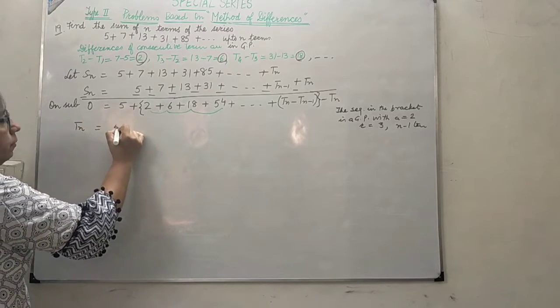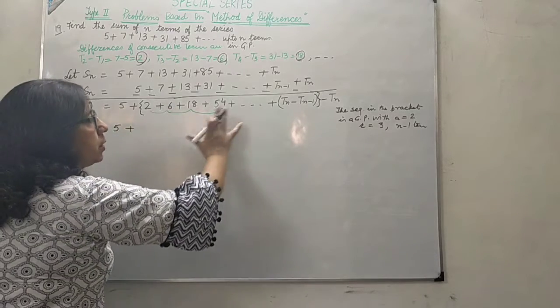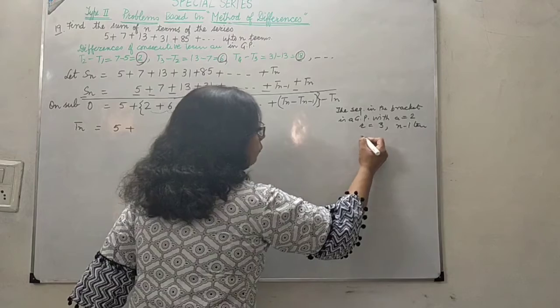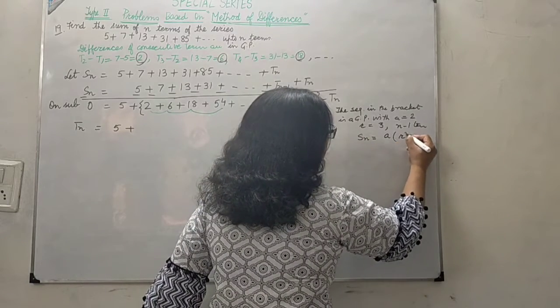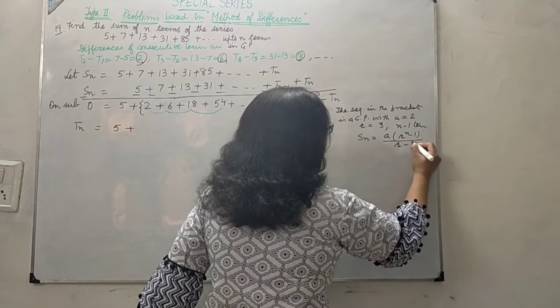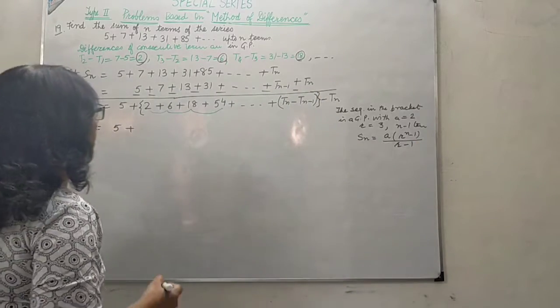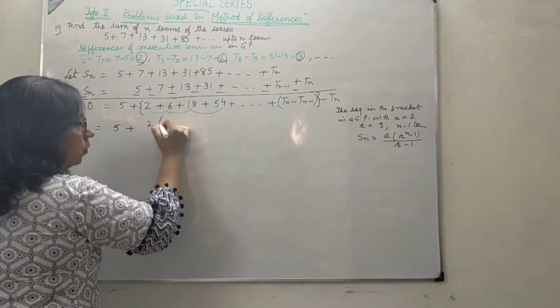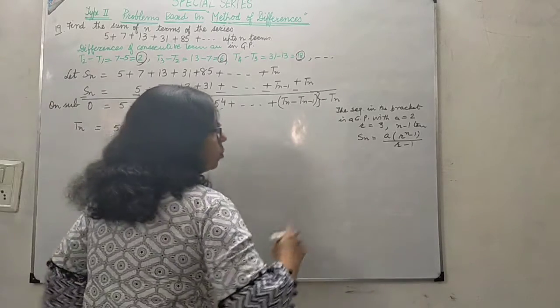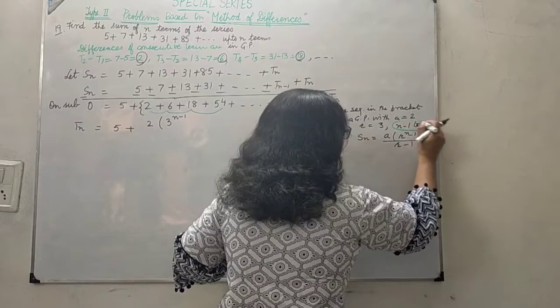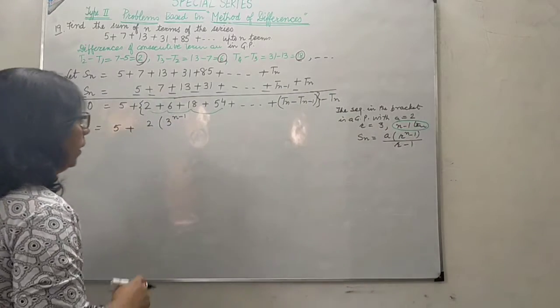Now Tn will become 5 plus, now this is a GP, so I will use the formula for Sn, that is A into R raised to power n minus 1 by R minus 1. Now A is 2, this is 3 raised to power n minus 1, because I have told you there are n minus 1 terms, you have to take care of that.